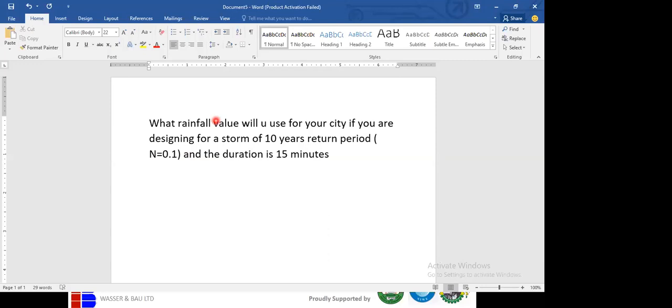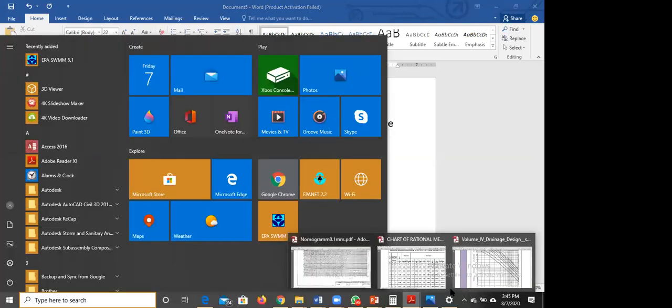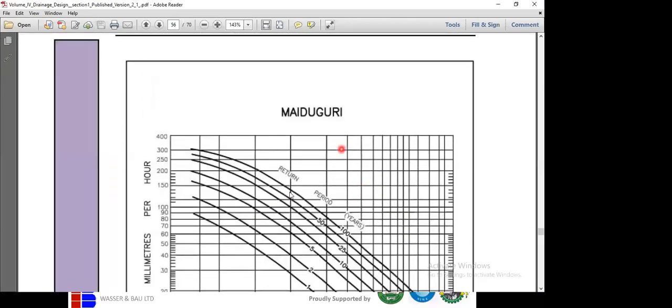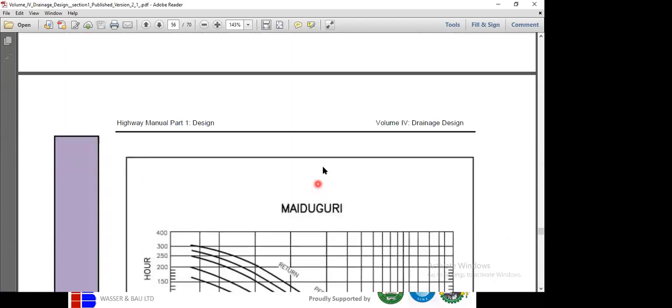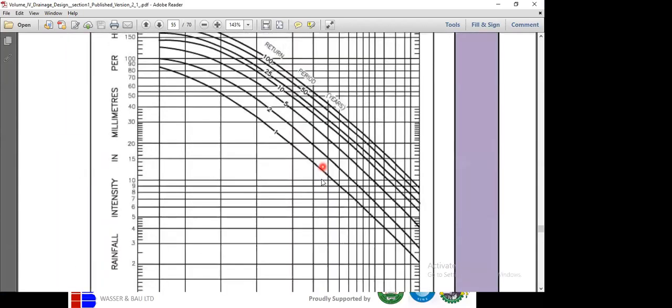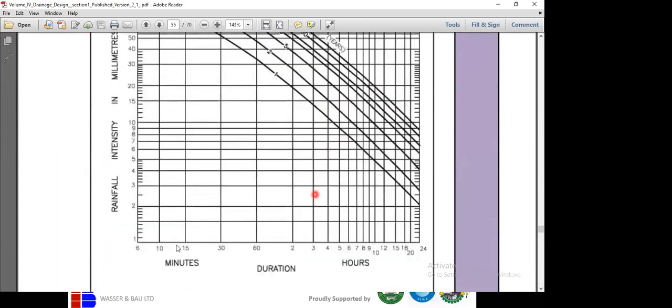So can you all look it up in the chat? Go to the chat and find the city. My city is FCT. I don't think there's FCT here, but I can use Lokoja comfortably and justify it. So for my Lokoja, this is my 15 minutes, and I'm designing for a 10-year return period. A 10-year return period means that's almost like I'm designing for flood.